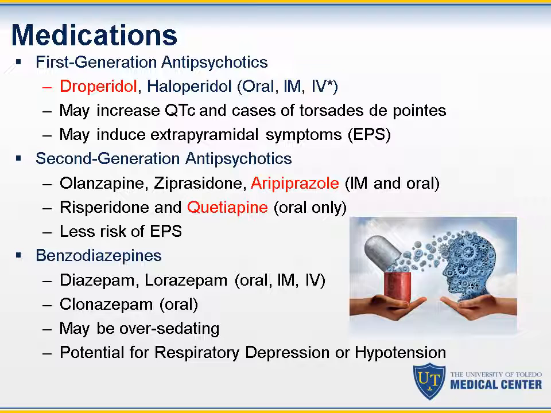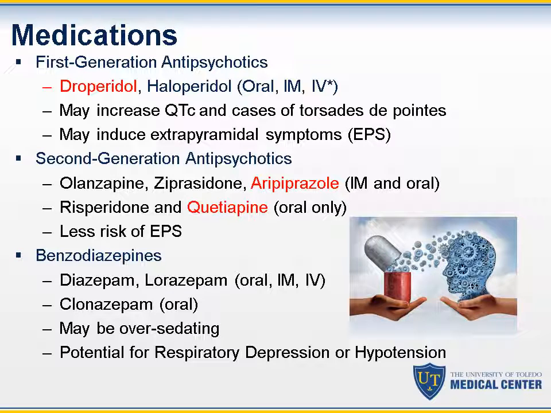Aripiprazole is highlighted in red here because although it does have an indication for agitation, it appears to be less effective. And it is no longer available in an IM formulation. It's only available in oral. It used to be available in the IM formulation for immediate release. Now it is only available in a long-acting.